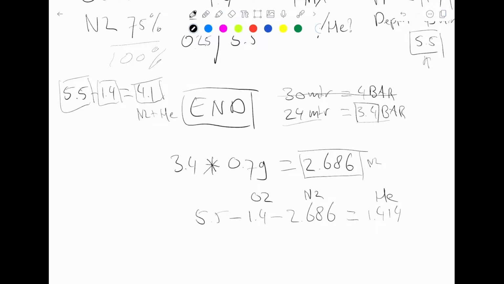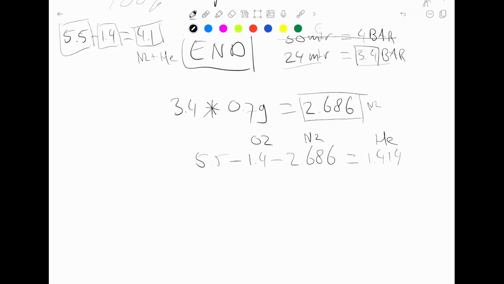It's simple math, right? Now if you take these numbers and put them back into a Dalton triangle, let's see what happens. Instead of looking for the partial pressure of oxygen, I'm going to look for the partial pressure of helium: 1.414, and the total pressure is 5.5.